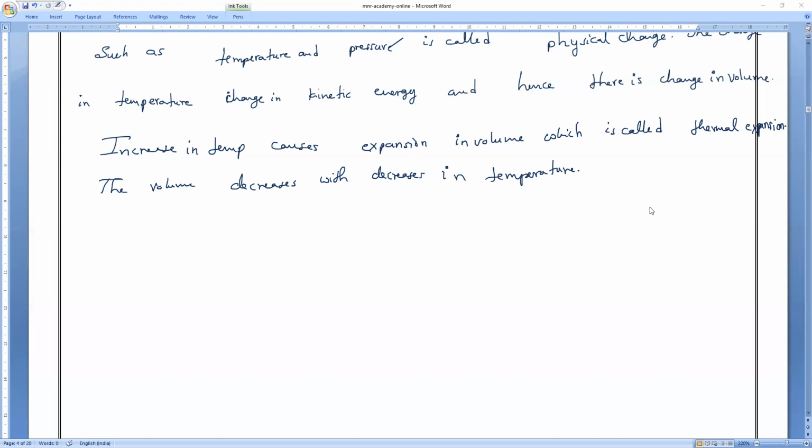Kinetic energy increases, space increases. The volume also increases. If temperature increases, volume also increases only.